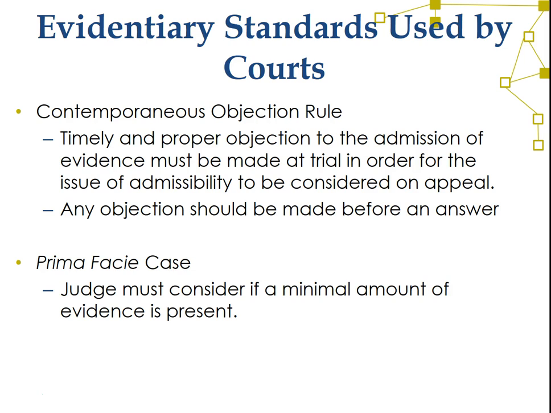During a court hearing, when a witness is testifying, the appropriate procedure is for opposing counsel to make an objection to a specific question that a witness has been asked. The appropriate timing for this objection is after the question is asked, but before the witness answers. This is called the contemporaneous objection rule.